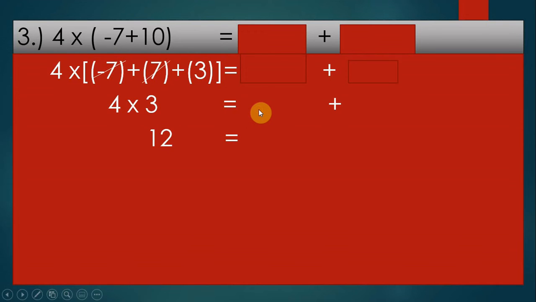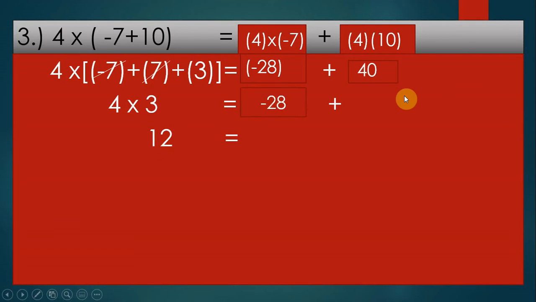How about the distributive property? We will distribute 4 times negative 7, then 4 times positive 10, and the operation is plus. Solve 4 times negative 7, you will expect that the answer is negative. That's negative 28, plus 4 times 10, that's 40. So the number to be split up is 40, because 40 has the greater absolute value.